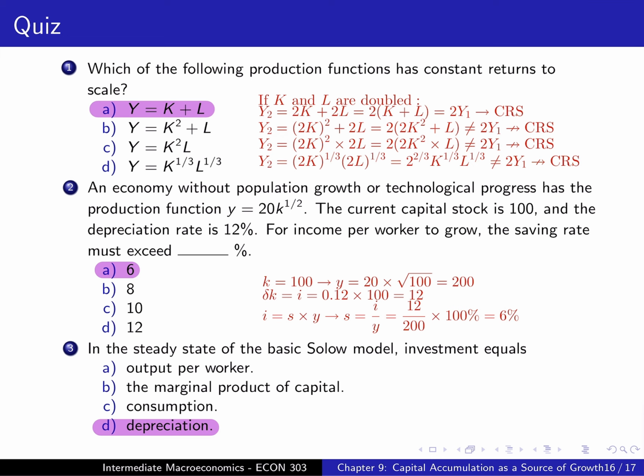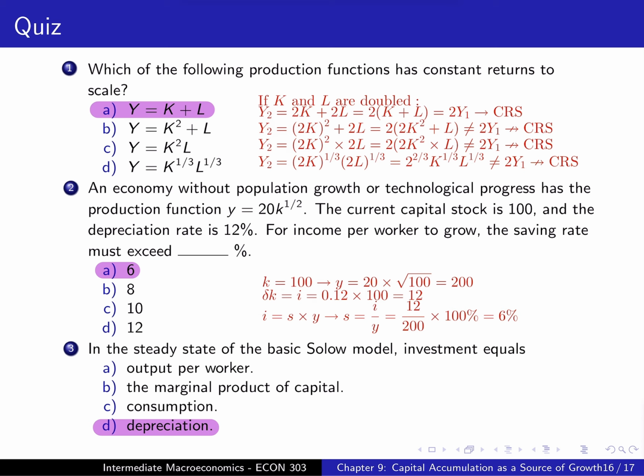D. Y equals K to the exponent 1/3 times L to the exponent 1/3. The multiplier 2 to the exponent 2/3 is less than 2. Output increases by less than double, not constant returns to scale. The correct answer is A.